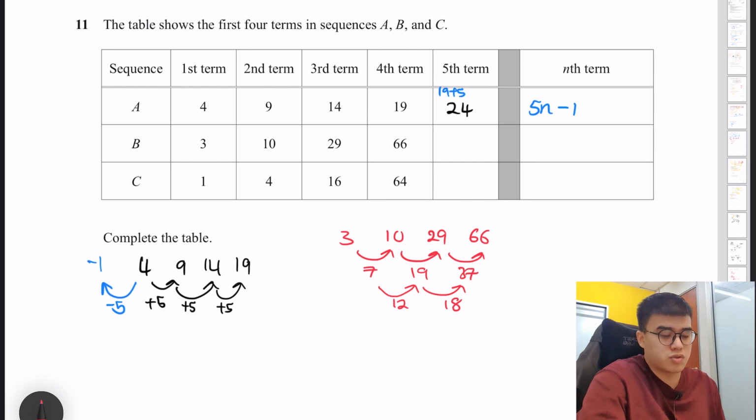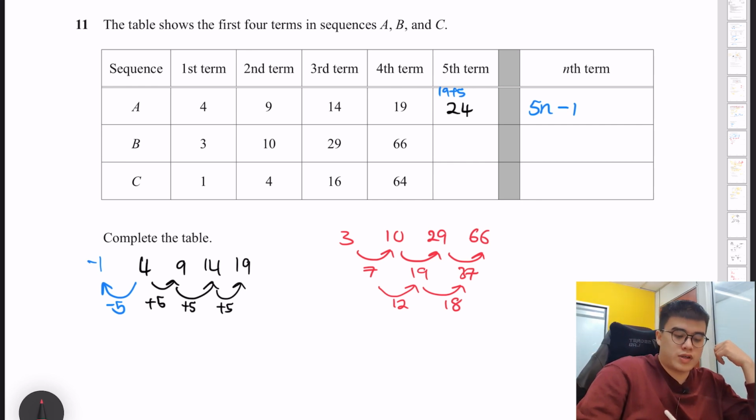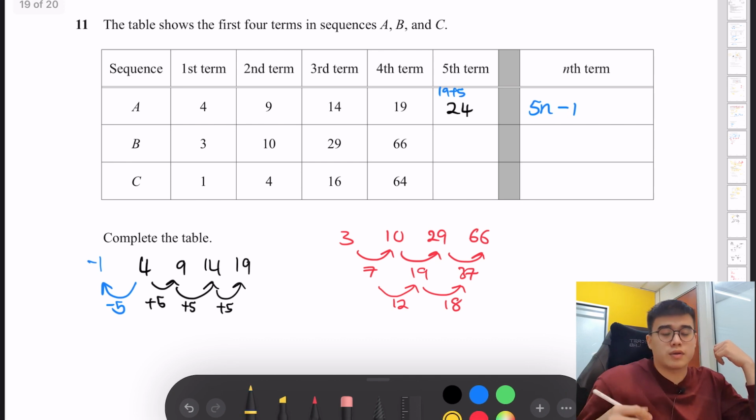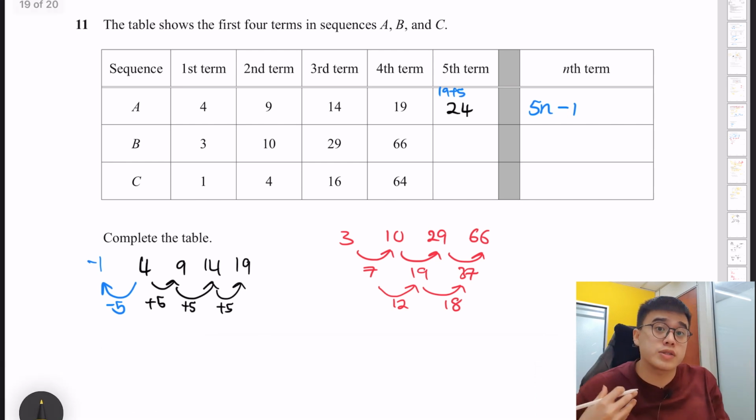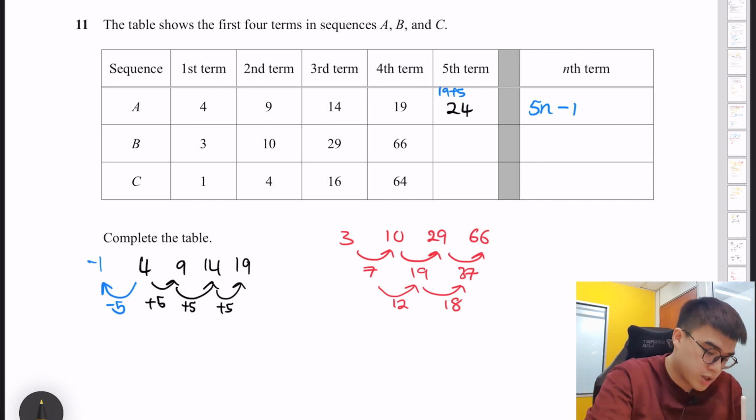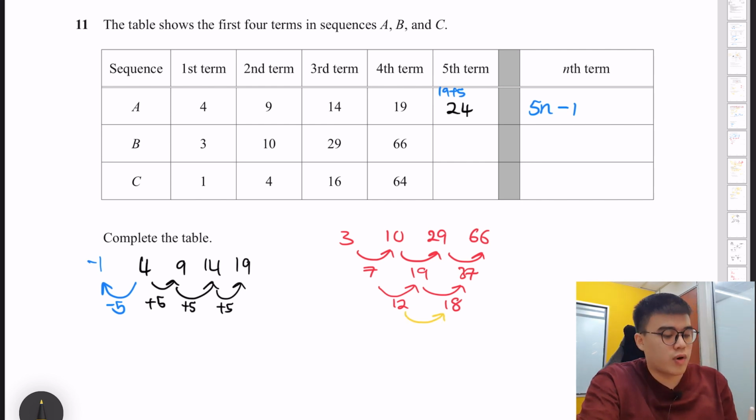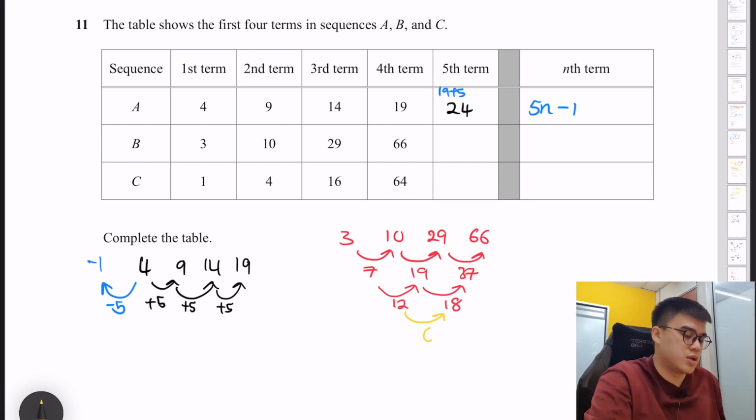So there's no clear indication of what their relationship is here. If that's the case, I will try out my last resort, which involves cubes. The difference between 12 to 18 is 6. So let's say I assume there's another 6 here.